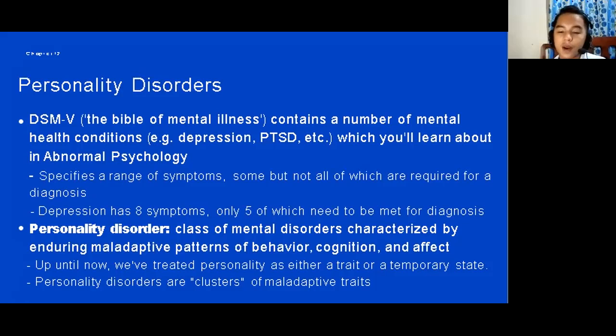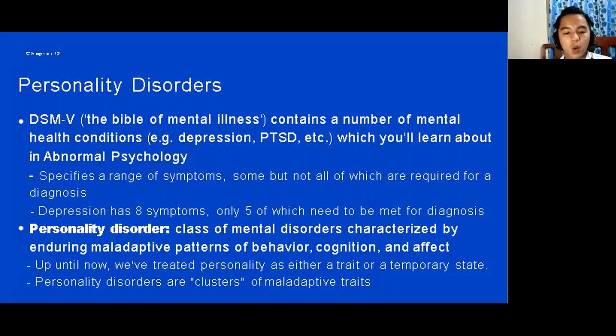It specifies a range of symptoms, but not all of which are required for diagnosis. For example, depression has 8 symptoms, but only 5 of which are needed to meet the diagnosis. Specifically, a personality disorder is a class of mental disorders characterized by enduring maladaptive patterns of behavior, cognition, and affect.